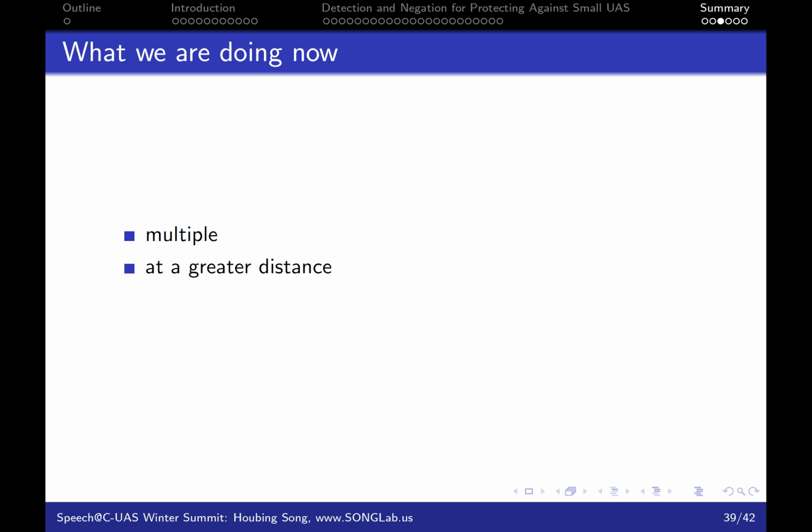We are working to detect multiple zones simultaneously, and to detect and neutralize multiple zones at a greater distance, because for acoustic, typically the distance is not so big.